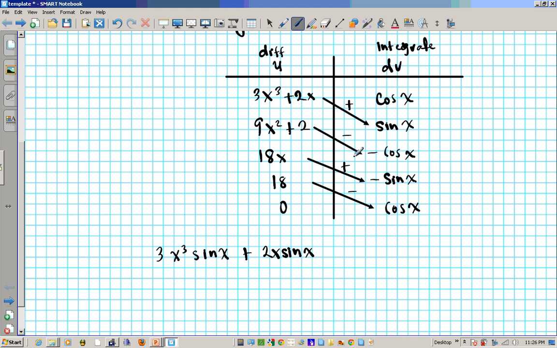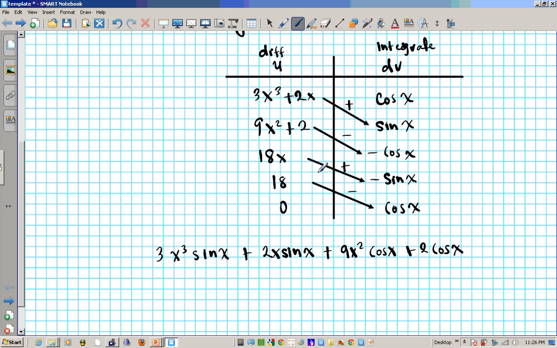And then we go with a cosine. This minus times this minus makes the cosine positive, so it's simply going to be plus. If I distribute cosine x with 9x squared, it's going to be 9x squared cosine x. And when I distribute cosine with 2, plus 2 cosine x.